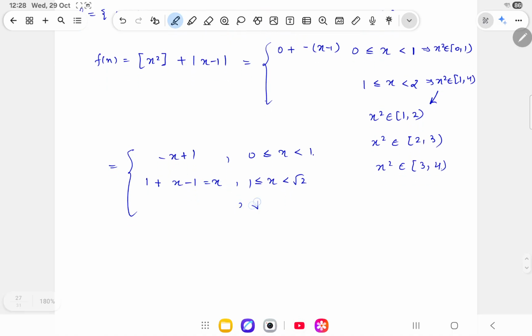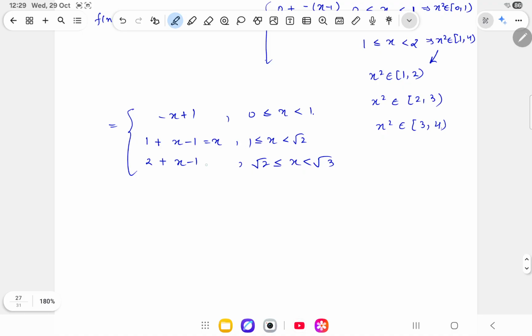Then it will be 2 plus x minus 1, which is 1 plus x, and then 3 plus x minus 1, that is 2 plus x.